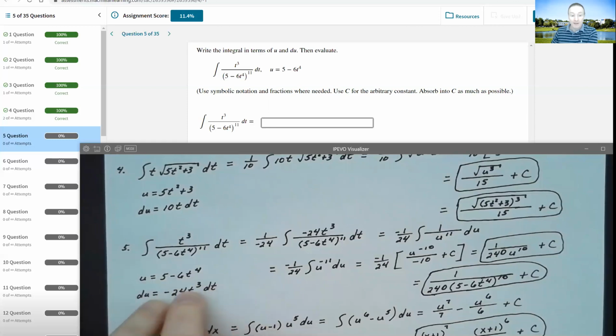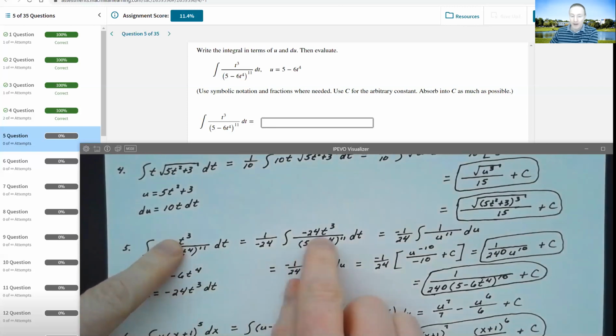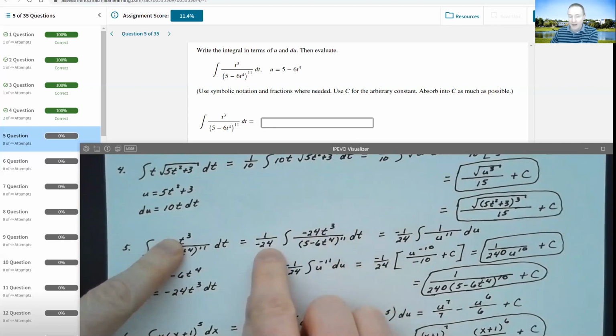And so now when I take the derivative, I'll get negative 24t to the 3rd power with respect to t. I know that I don't have the factor of negative 24 inside the group. I have the t cubed. So I need to multiply by a negative 24 on the inside. If you multiply by a negative 24 on the inside, then you divide by a negative 24 on the outside.